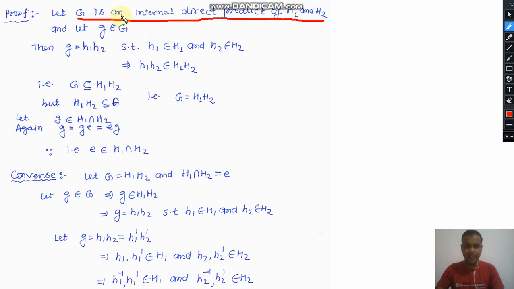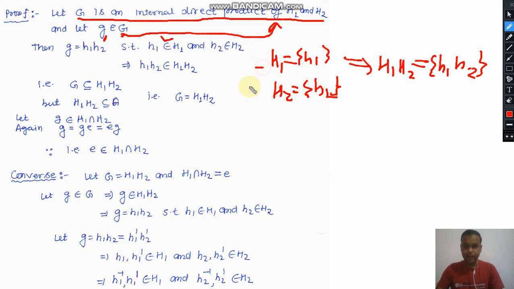If G is a group, it means it will contain at least one element. Let us suppose this is g. Because this G is generated by the internal direct product of H1 and H2, let us suppose H1 has the element h1 and H2 has the element h2.